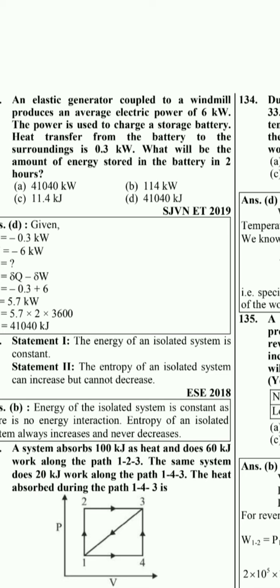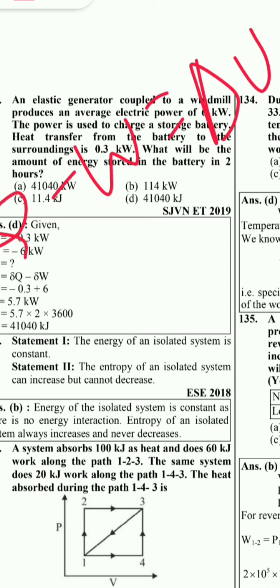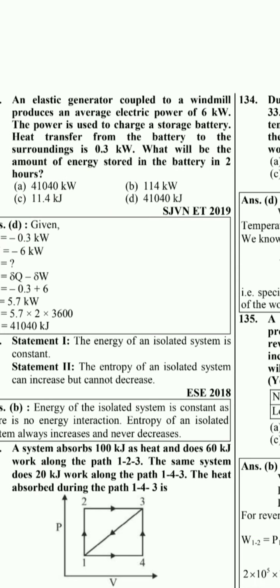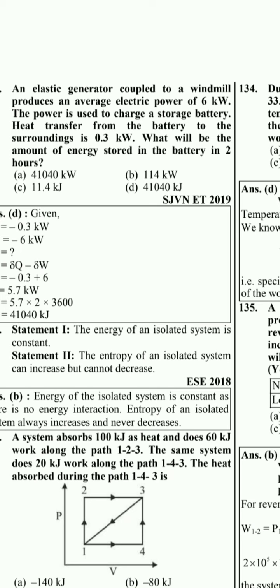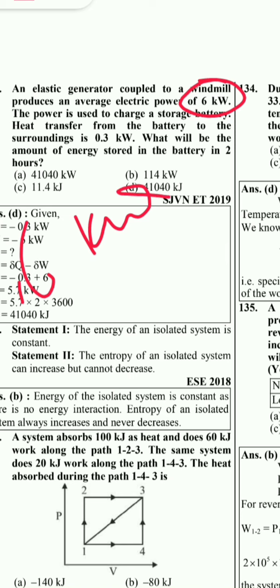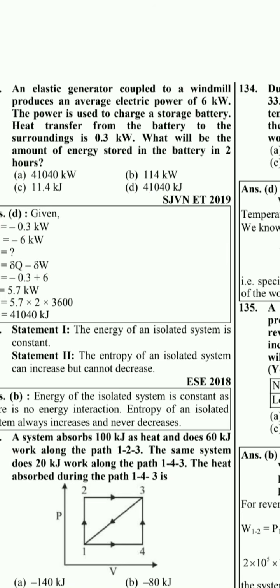So here again you have to use the simple Q minus W is equal to delta U. Now the work done, that is electric power, will be done in order to charge the battery. So input will be 6 kilowatt, and 6 kilowatt of work will be done by the surroundings onto the system, so it is negative.